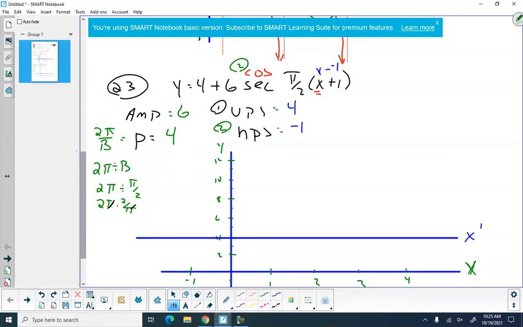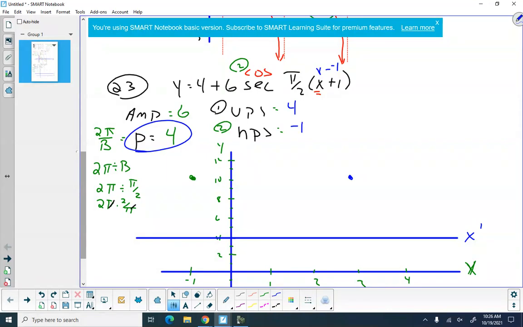I have an amplitude of 6, so that's going to take us up to what, Rachel? 10. So it's going to take us up to 10 at -1. We have a period of 4. I'm starting at -1. I go 4 out from -1. I'll be at the exact same spot. So if I'm taking -1, add 4 to that, we're out at 3. And we'll be at our peak again.